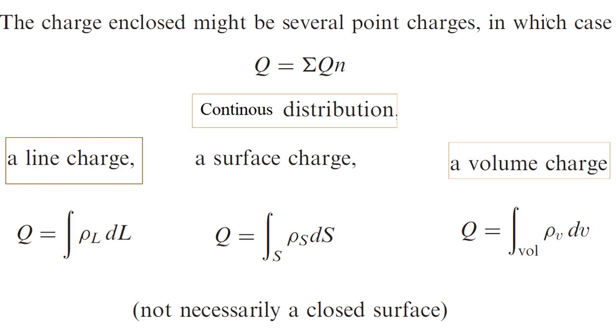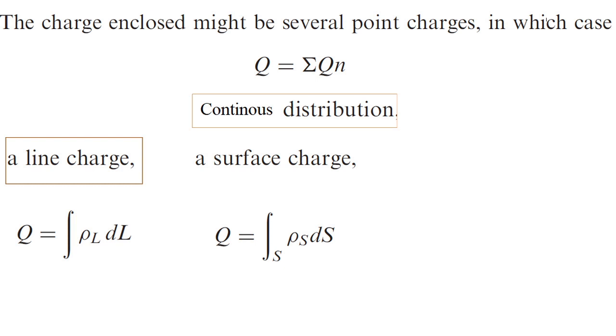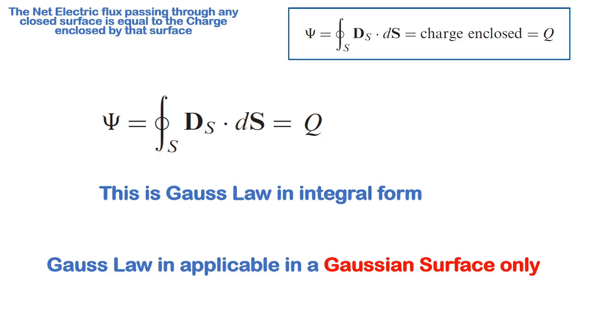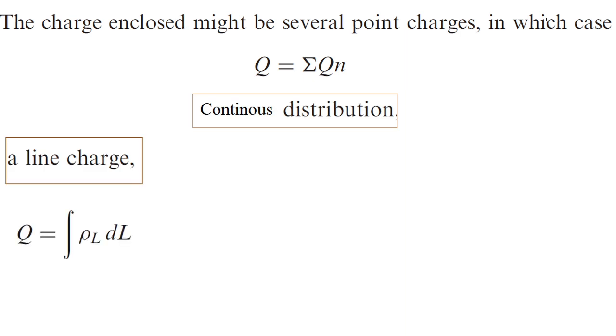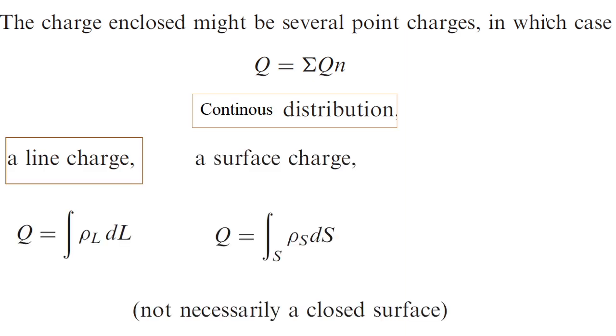But in Gauss law, you have to remember that it is a closed integral. So in Gauss law a closed integral will come, but in finding the total charge, we don't go for a closed integral. So it is not necessary to have a closed surface to calculate the total charge.